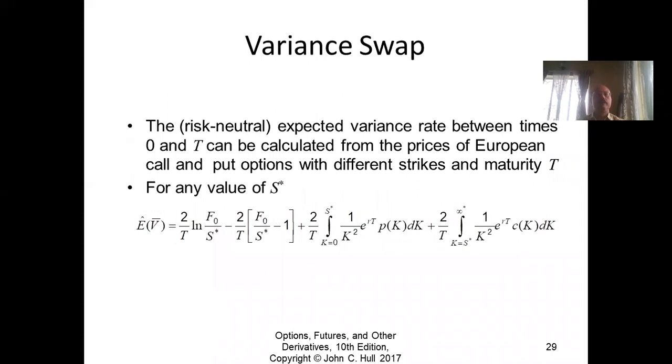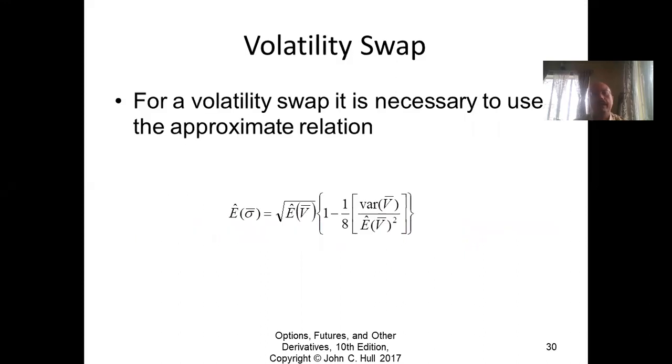How are they priced? The risk neutral valuation principle again comes in here. So I take the expected variance rate, which is calculated through this kind of formulation for a usual log normal stock price process, which we will figure out slowly. And then we use some approximations.